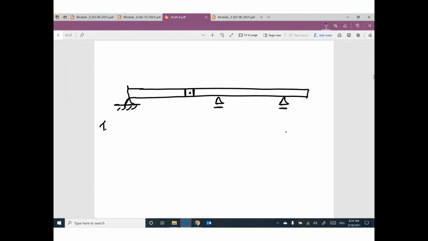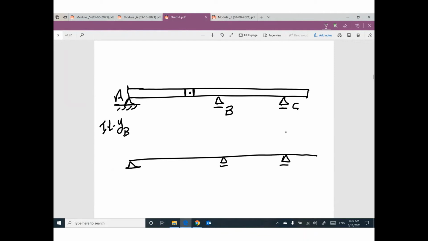Influence line for reaction YB. This one is A, this one is B, this one is C. I think the influence line for reaction YB will be like this.